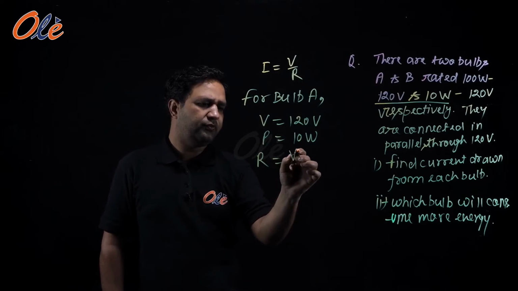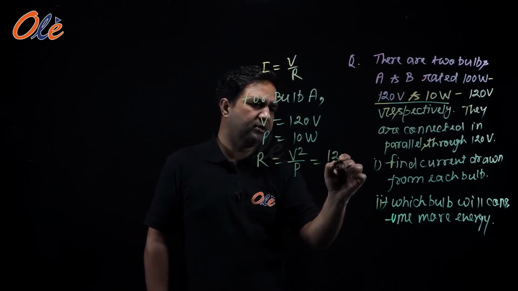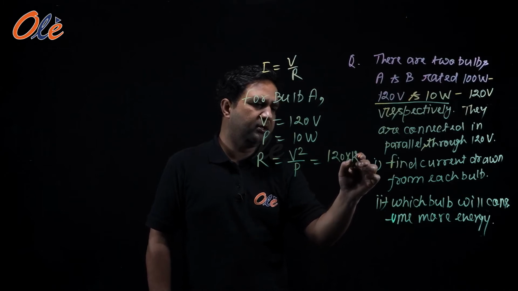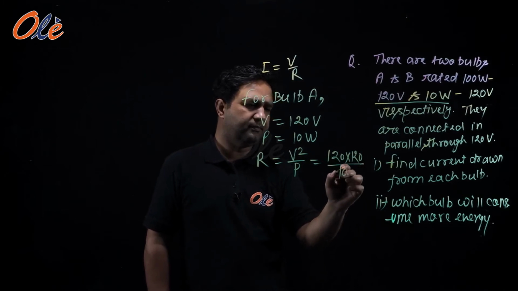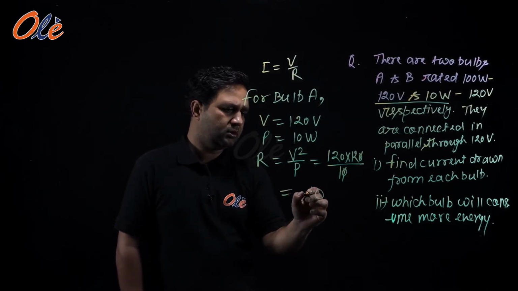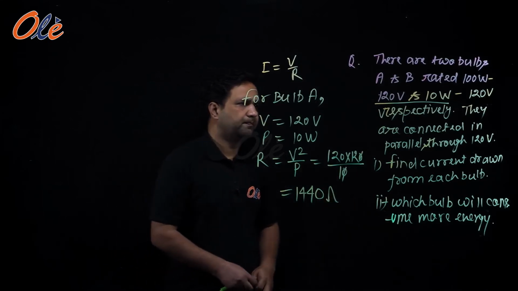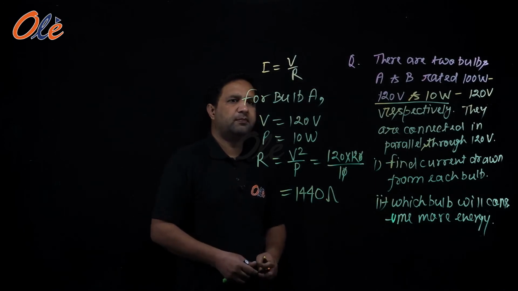R is equal to V square upon P. Hence 120 into 120 upon 10, 1440 ohm. Okay, this is for bulb A.